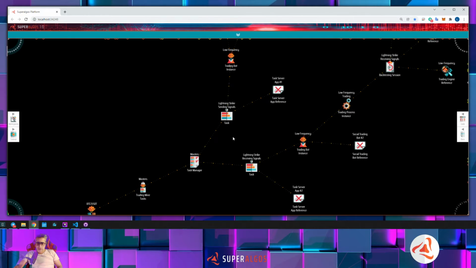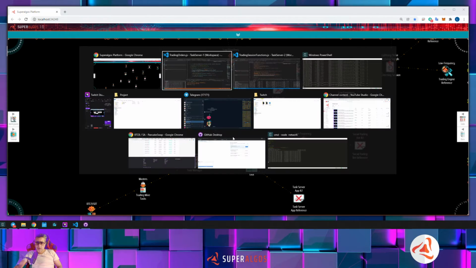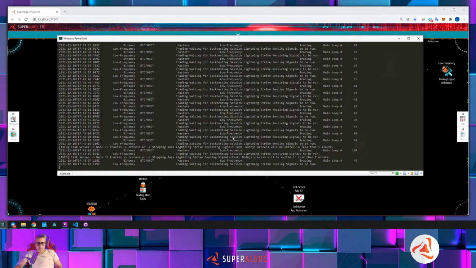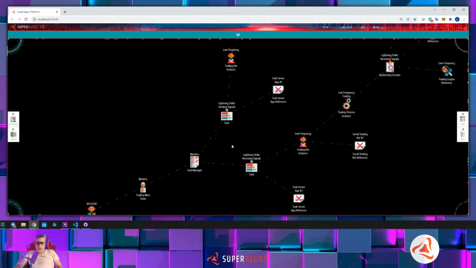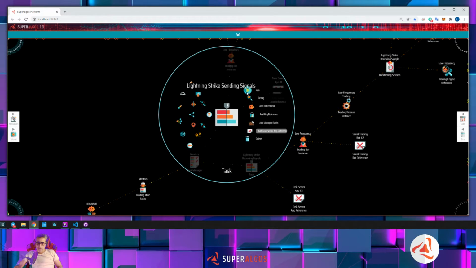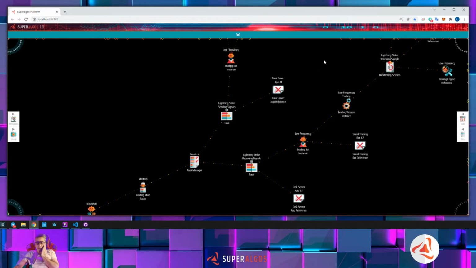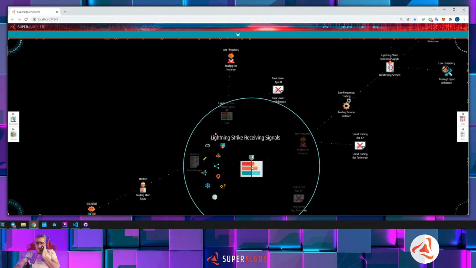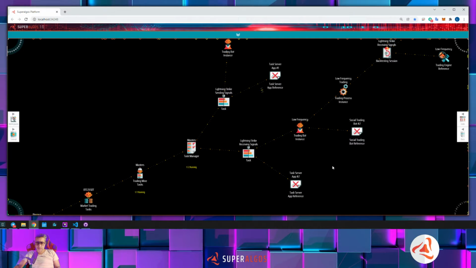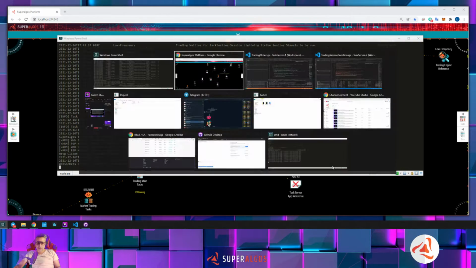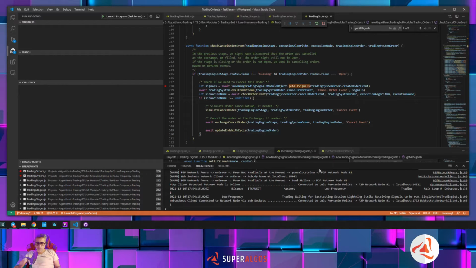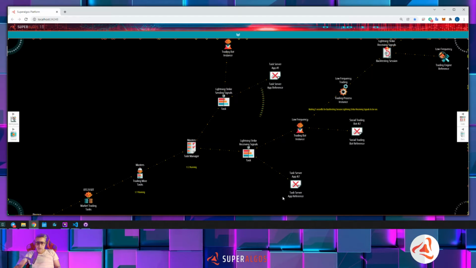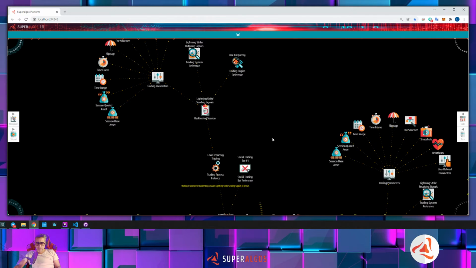Okay, this one already stopped, I guess. Yes, we stop it. So this one is going to run normally, Node.js. The other one is going to run in Visual Studio Code. Great. So we will let this guy run.